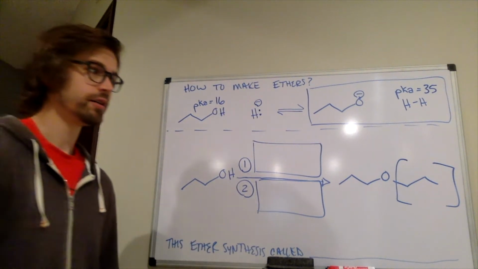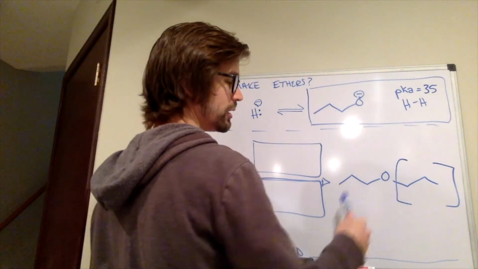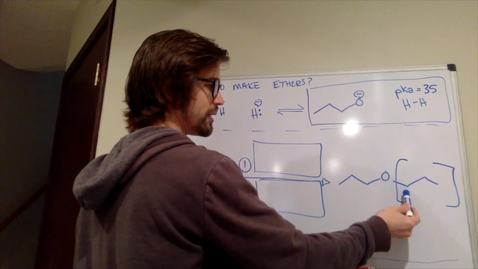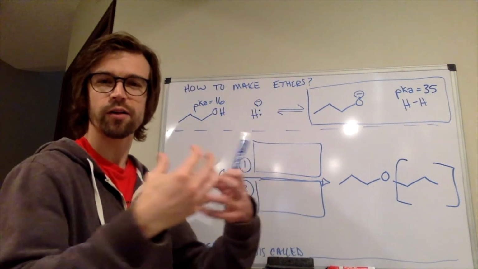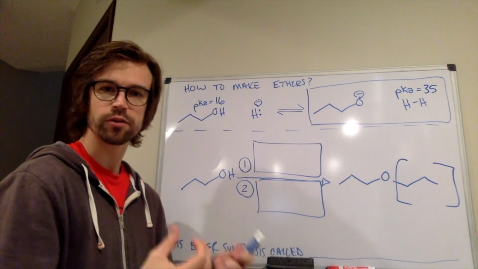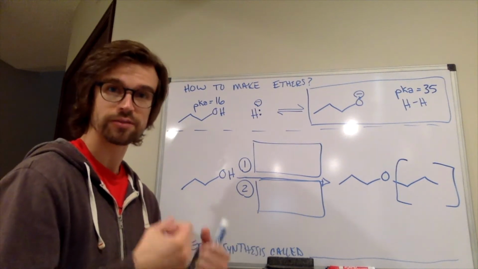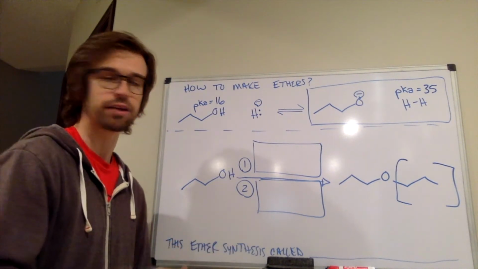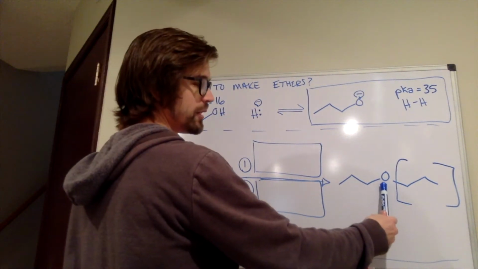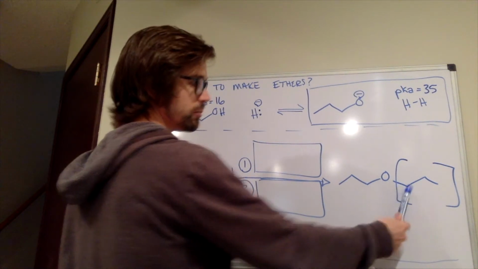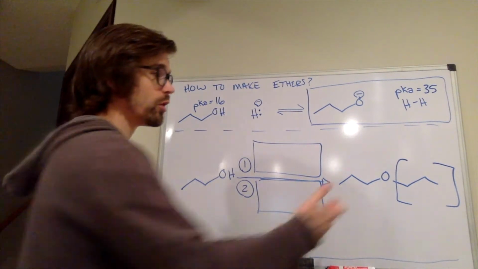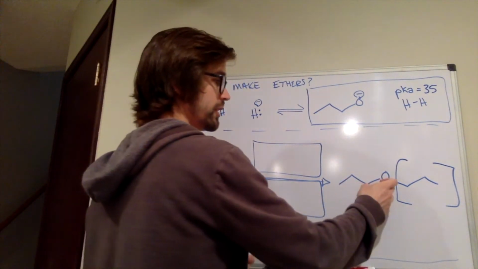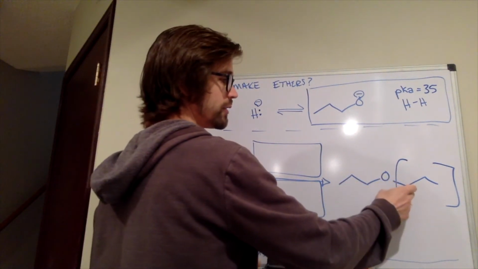If we think about this disconnection, what's on this side, what's on that side, is oxygen our nucleophile or our electrophile? The nucleophile loves nuclei. It brings the electrons. Is that side going to be the negative charge, or is this side going to be the negative charge? Hopefully you're thinking, well, this is more electronegative. This is going to make more sense as a nucleophile. This would be our electrophile.